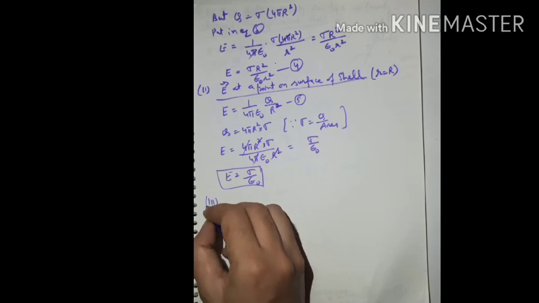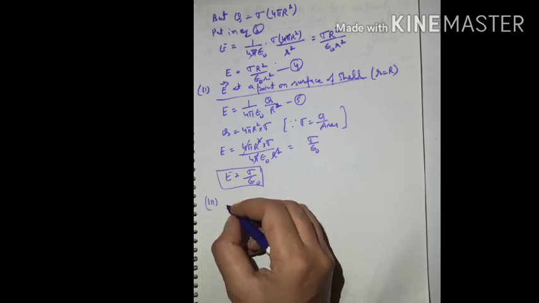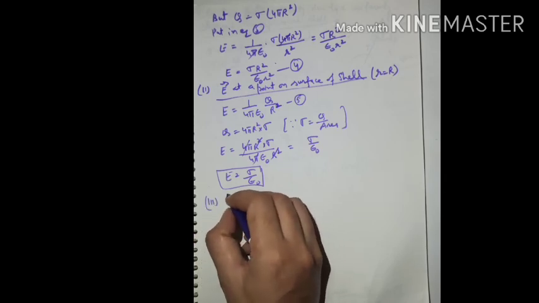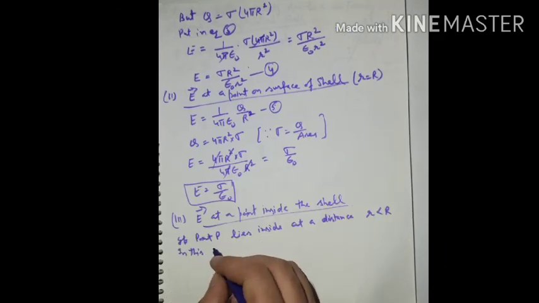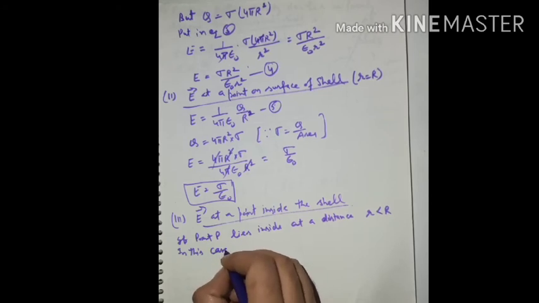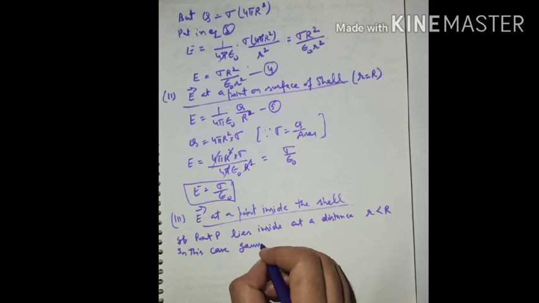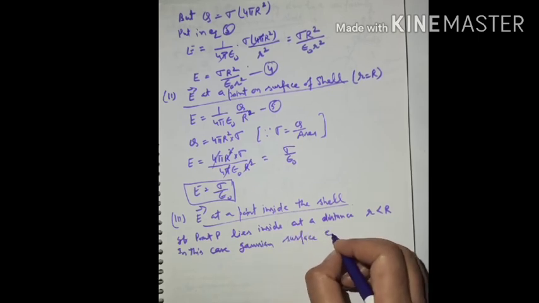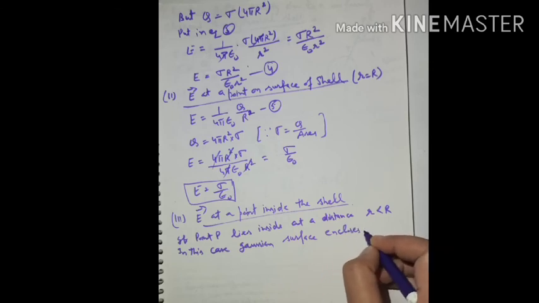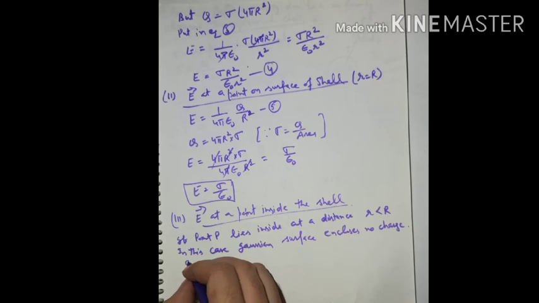Third point is electric field intensity at a point inside the shell. E at a point inside: the Gaussian surface encloses no charge. That is, charge is equal to 0 in this case.